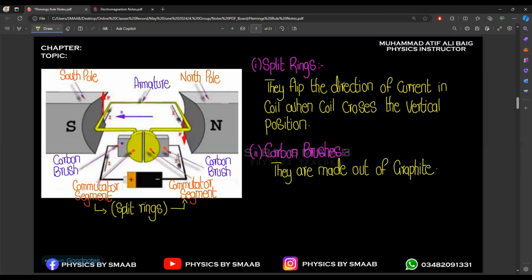And they also provide us sliding contact between the moving parts and the external circuit.